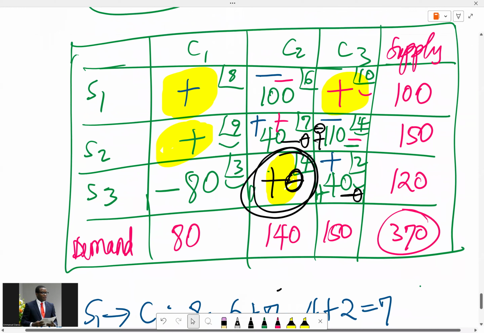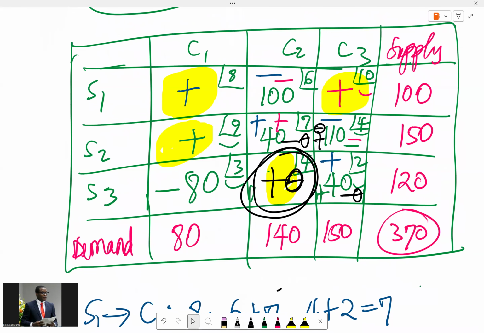So this cell now, whatever the theta is, that place is willing to supply 120, but the whole column requires 140. So I guess we can assign the whole 120 to that.